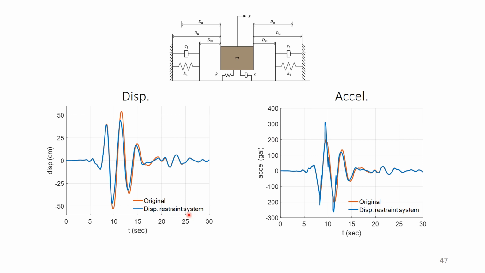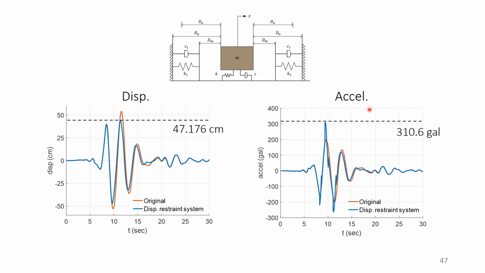So we can see from the displacement response that the original displacement is 53 centimeters. And after installing the displacement restraint mechanism, its displacement response is successfully decreased to 47.176.